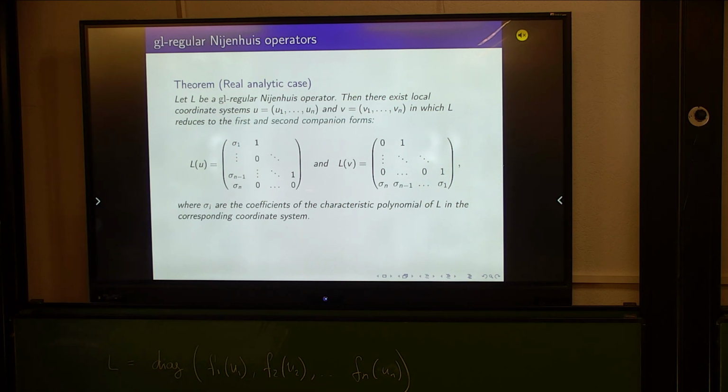It doesn't matter: in all cases you can reduce this Nijenhuis operator, it's a very important condition, to one of these forms, called first companion form and second companion form. Here, either in the first row or first column, these are coefficients of the characteristic polynomial.